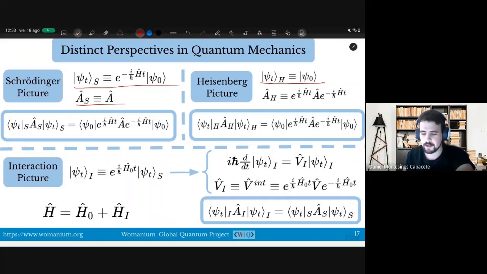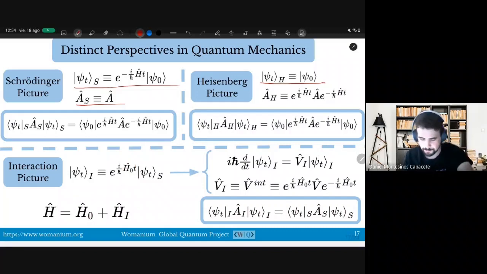There is an intermediate picture that is also called the interaction picture. It is useful when you have a Hamiltonian of this form, with a base Hamiltonian and this interaction Hamiltonian. In this case, the state vector evolves in time using just the base Hamiltonian, this guy.